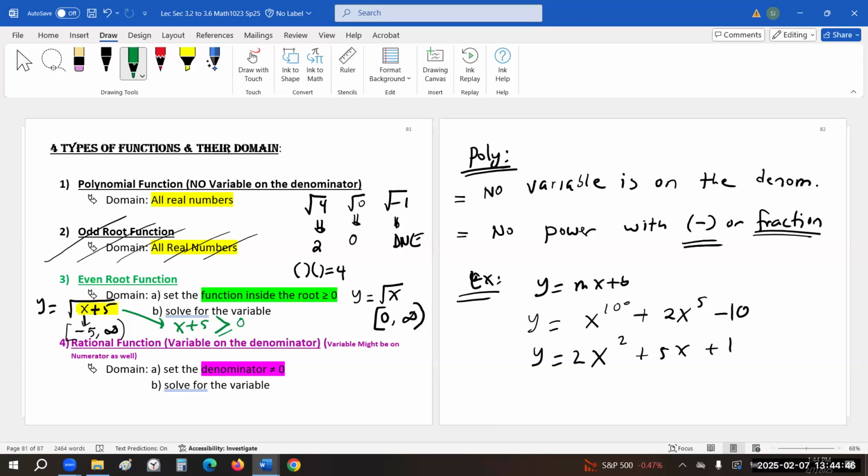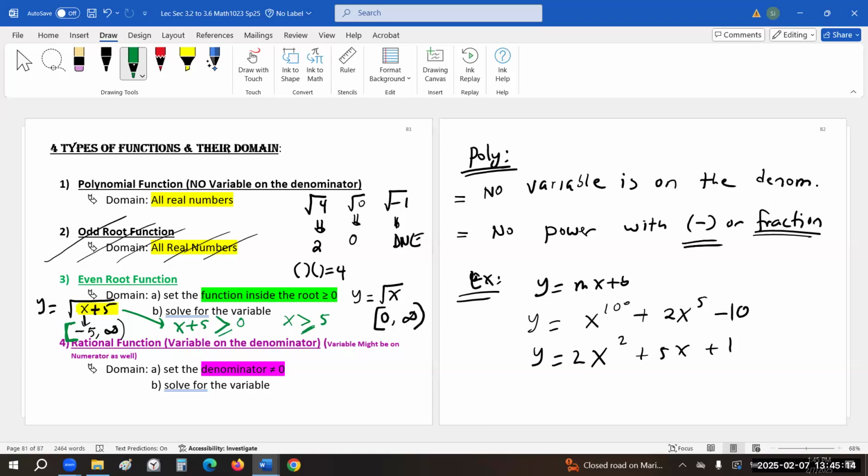So we subtract 5 from both sides, and we see our x has to be bigger than or equal to negative 5. And this is what we have here. Start your x value from negative 5 and plug in everything bigger than negative 5. So the solving process is whatever you have inside your radical, set it bigger than or equal to 0 and solve for your variable.